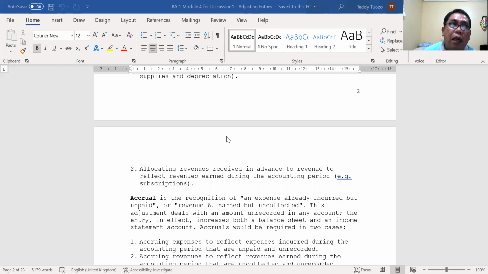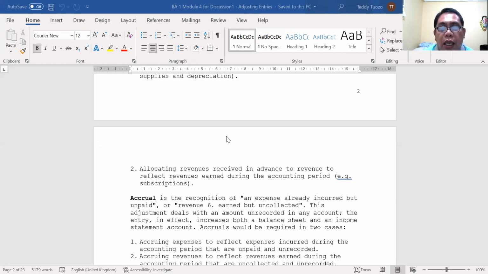Remember the wedding example in the previous example, where there was an advanced consultation made, and the proper accounting entry would be recognizing it as a debit to cash and a credit to a liability account, which is an unearned revenue account.